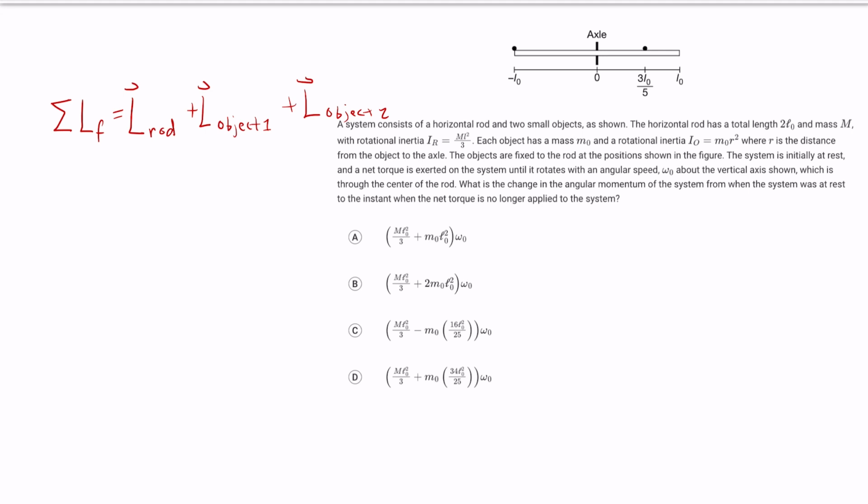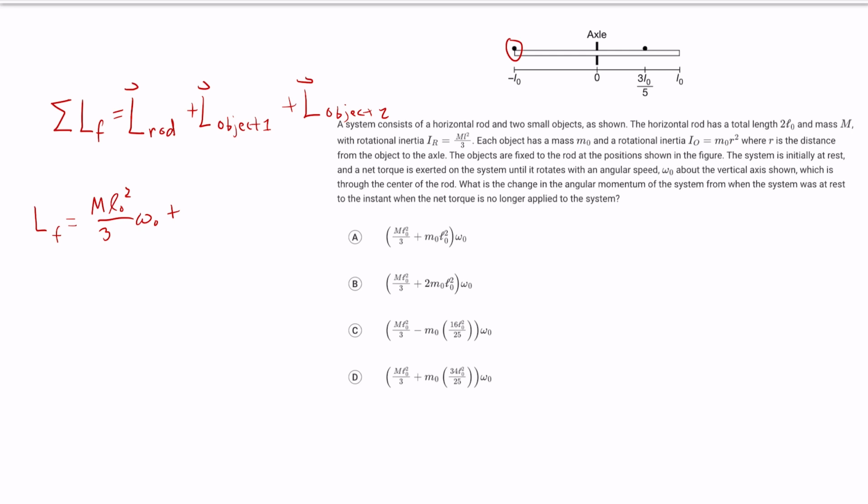All right? So, that said, we can say that L final is equal to, for the rod, it's going to be moment of inertia, which is M L naught squared over 3, times omega naught, plus for the first object, if I say the first object is this object, then the R is going to be equal to L, because it's exactly 1 L away from the axis of rotation.